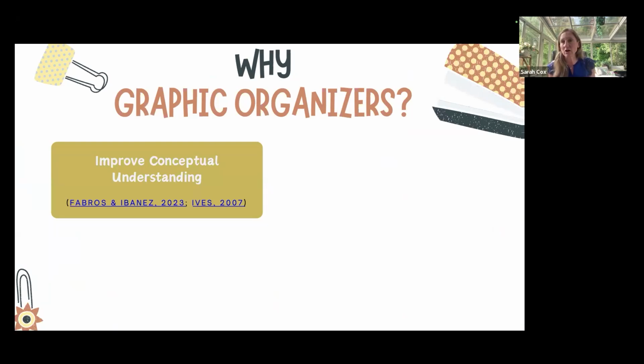All of these links are available at the end of the PowerPoint, and they're all hyperlinked in the PowerPoint as well if you are interested in reading the research specifically. There have been several studies that have looked specifically at graphic organizers and their ability to improve conceptual understanding.